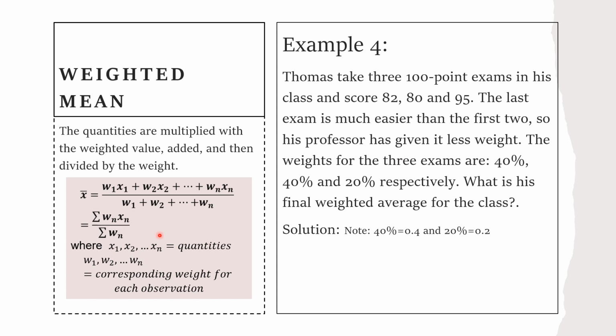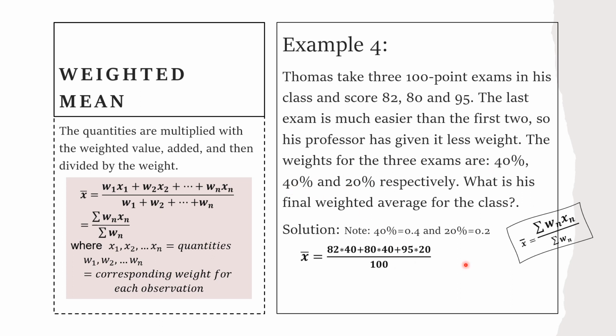By using the formula for the weighted mean, we have the weighted mean or X bar equals 82 times 40, then 80 times 40, 95 times 20 divided by 100, because the total weights 40 plus 40 plus 20 is 100.